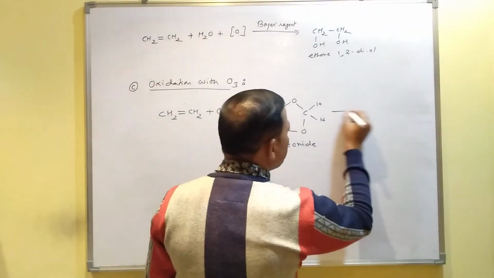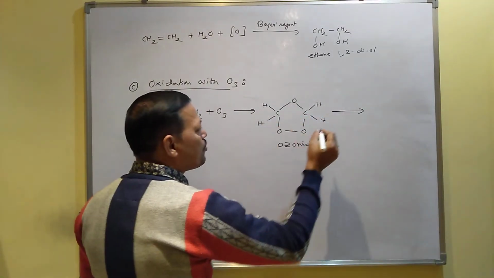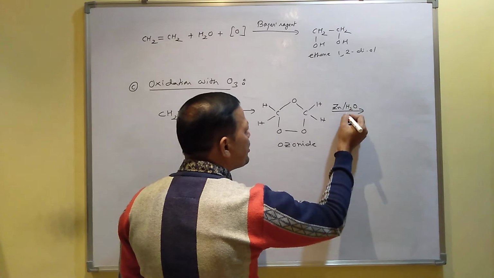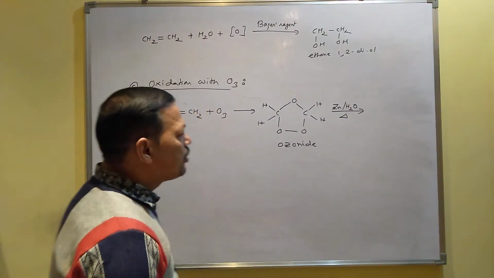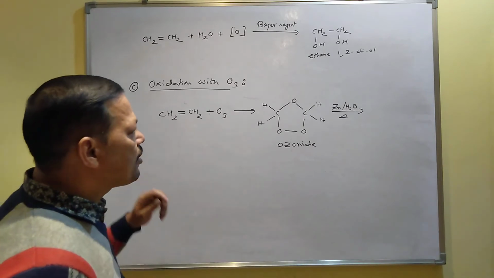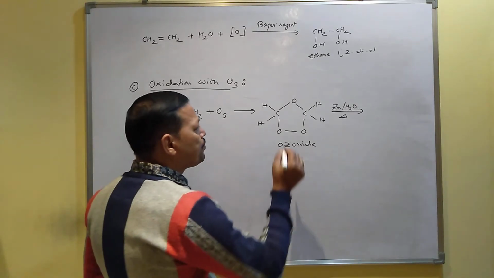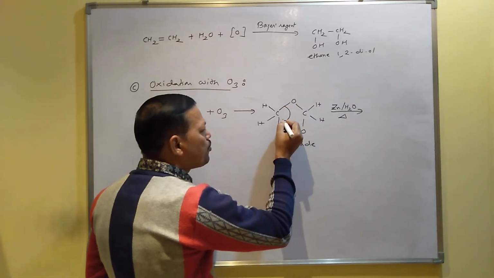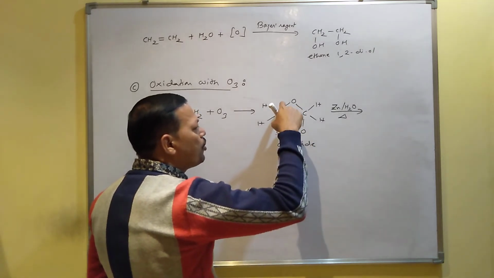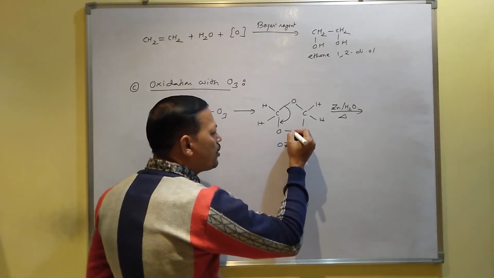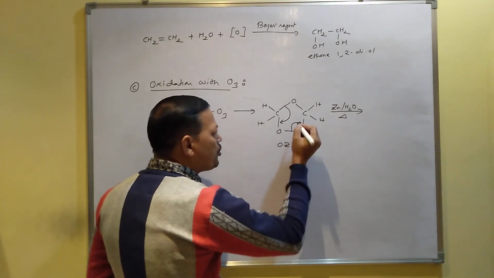After formation of this ozonide, this is an unstable compound. When you apply zinc and water and some amount of heat is required, then the ozonide will break and convert to another compound. And how will it break?